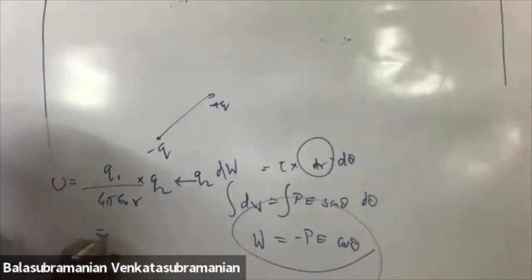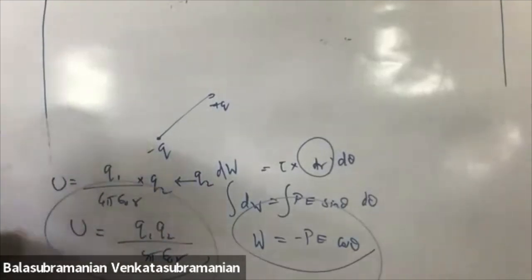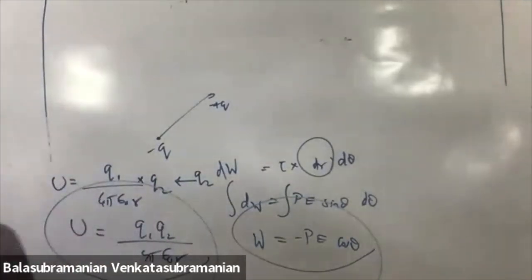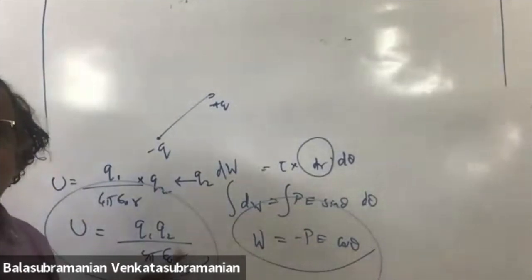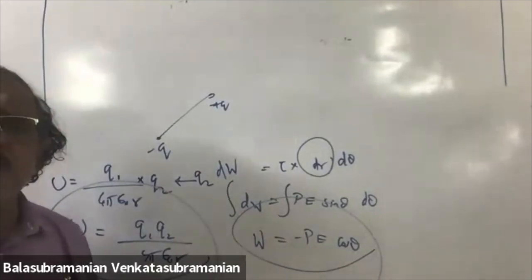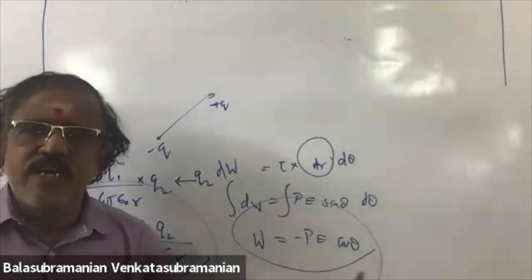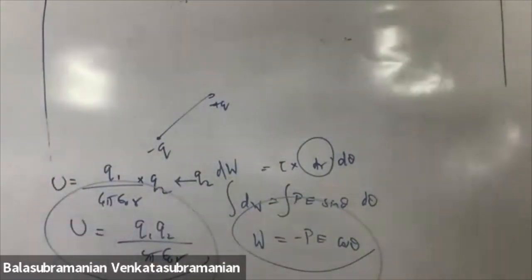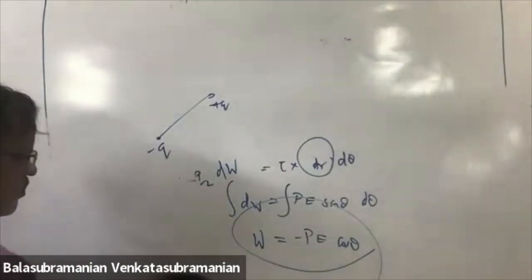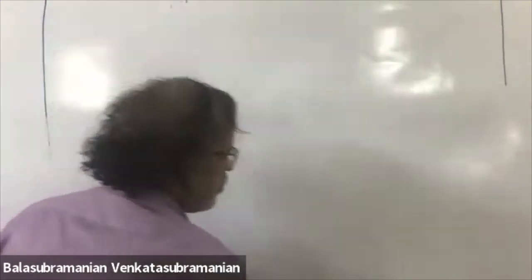The electric potential energy U is equal to Q1 Q2 by 4 pi epsilon naught R. Simple, all small topics. R square means force. R means electric potential energy. Electric potential energy of a dipole means minus P E cos theta. Basics only you have to understand. You can write any derivation.